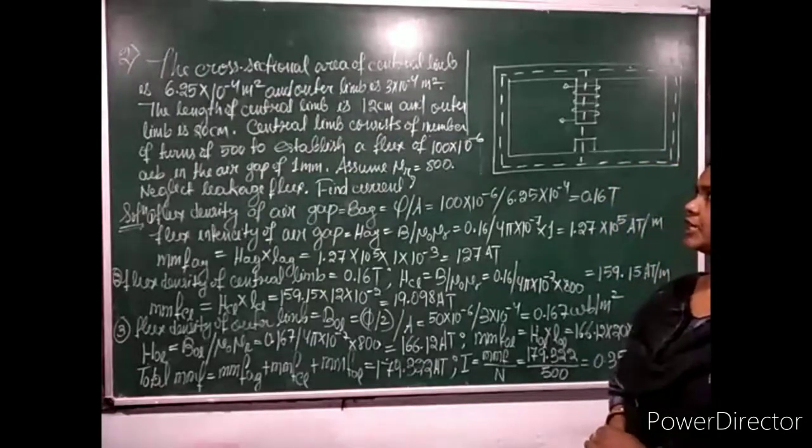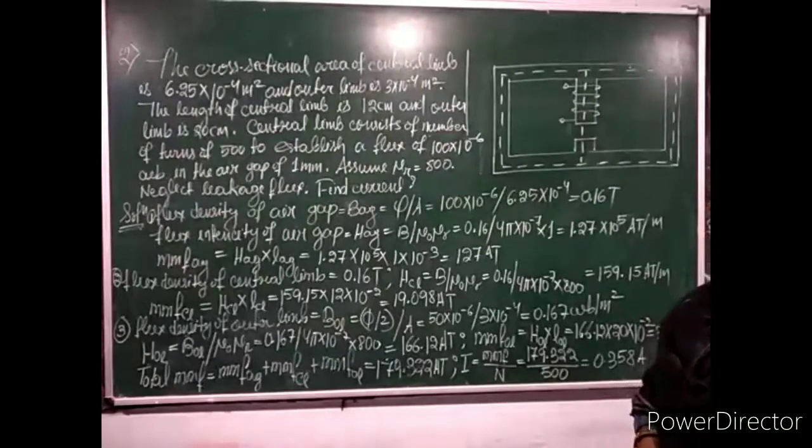The cross-sectional area of the central limb is 6.25 into 10 to the power minus 4 meter square and outer limb is 3 into 10 to the power minus 4 meter square. The length of central limb is 12 centimeter and outer limb is 20 centimeter. Central limb consists of number of turns of 500.